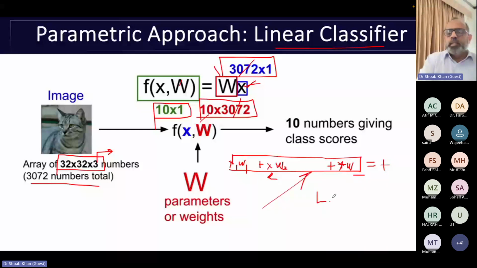That's why it is called a linear classifier, because there is a linear relationship of all the W's, and you got to obviously train all these W's, try different W, so that here you get your desired result.